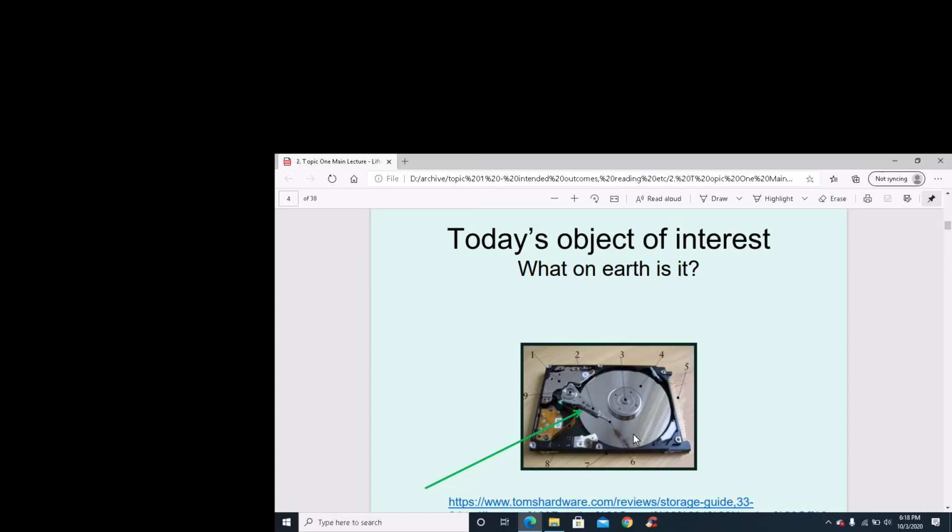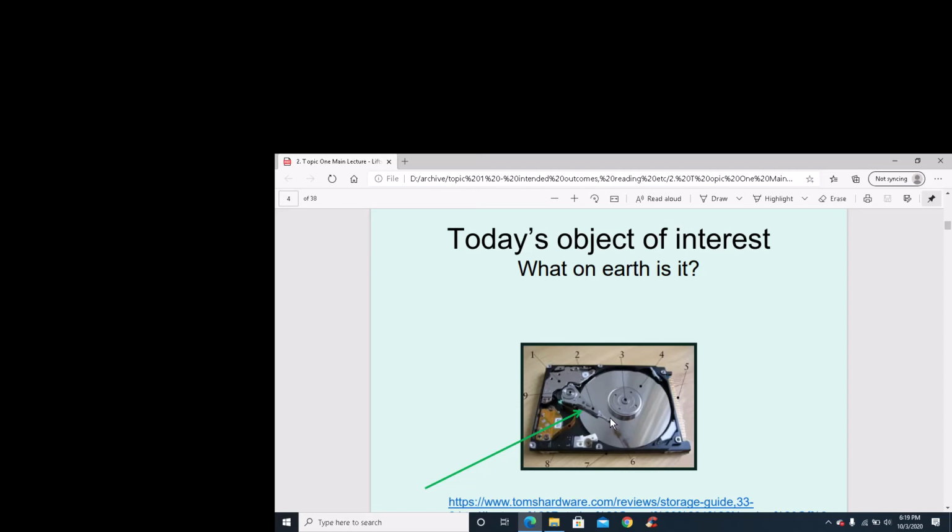And the second question I'm going to ask you is, take a typical hard disk drive in 2020. How fast does the platter revolve? And secondly, how quickly can this arm move position?